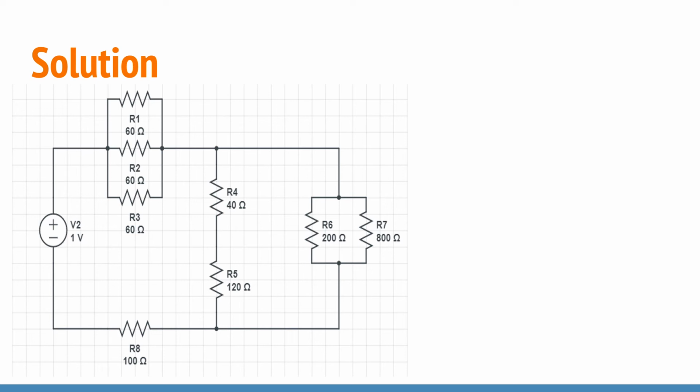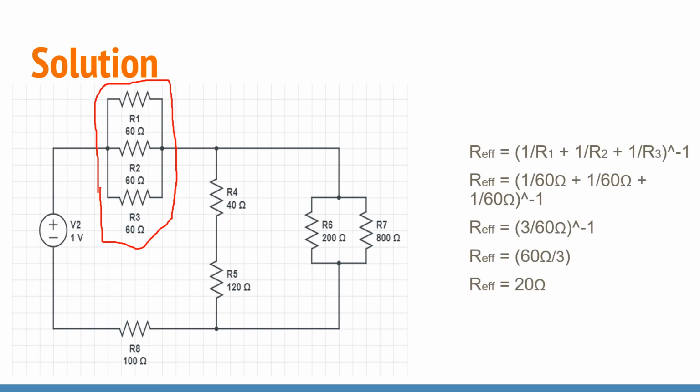What we're going to do is the same thing we did with R effective. We are going to see this first set of resistors in parallel, and we're going to solve that first. The math is as such. We just plug it into the formula for resistors in parallel, which is 1 over R1 plus 1 over R2 plus 1 over R3, and then we would take the inverse of that whole thing.